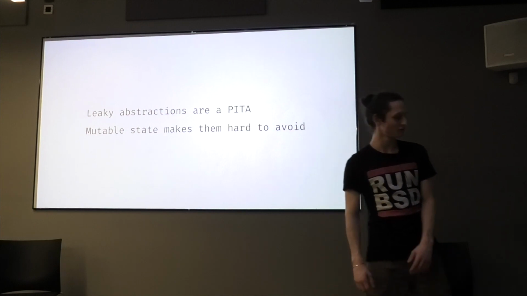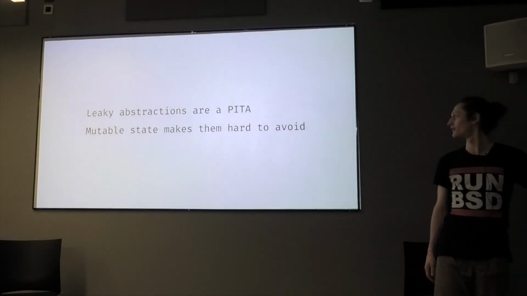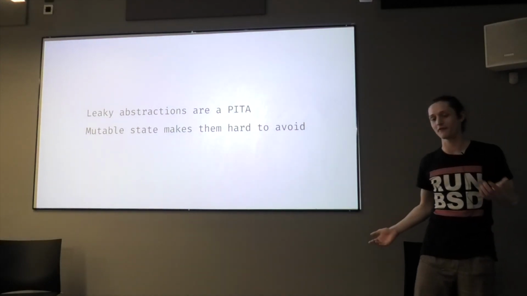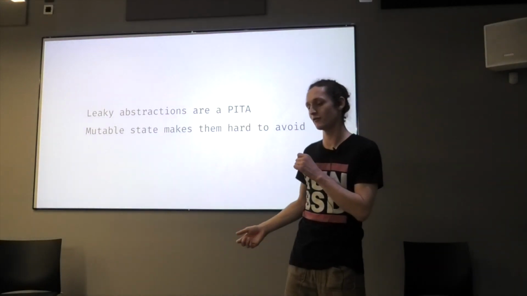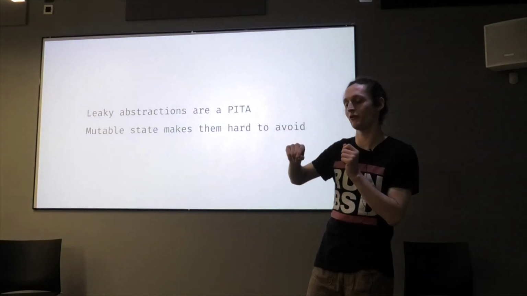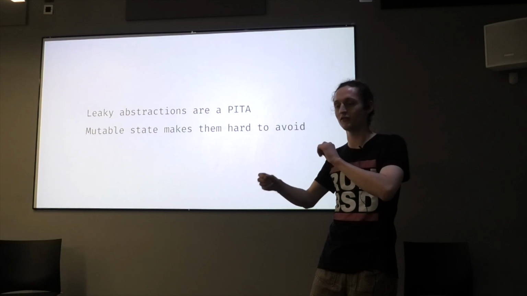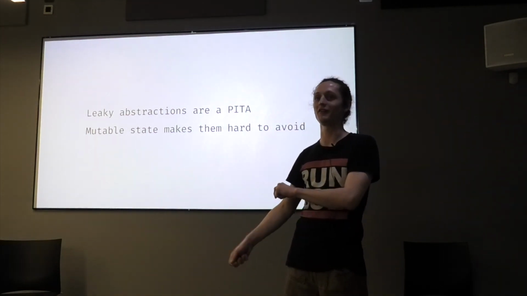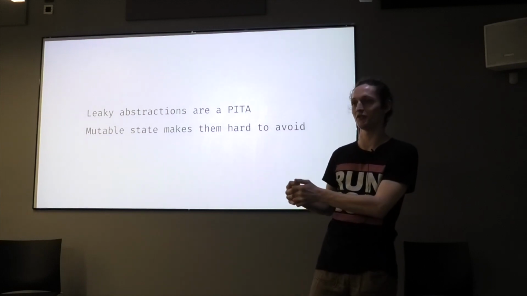And it's a huge pain in the ass, and that is partially caused by the fact that you have this mutable state, right? Because you have to concern yourself with what changes this function is making under the hood that might collide with some other changes a function is making.